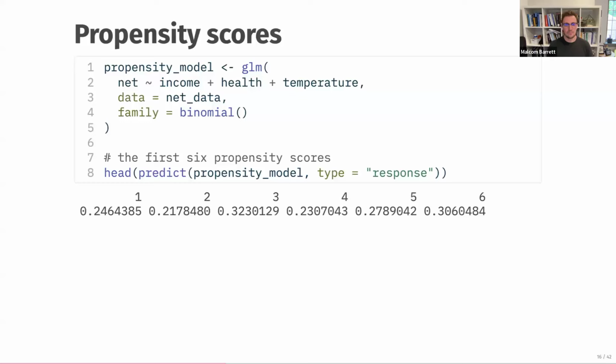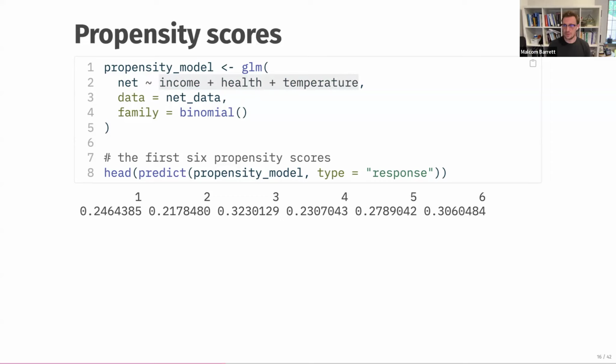So if you use these techniques, which you can find the code and a little bit more detail for getting adjustment sets in this chapter of the book and in the other chapters of the book, what it will tell us is that the three variables that we need to control for are income, health, and temperature.